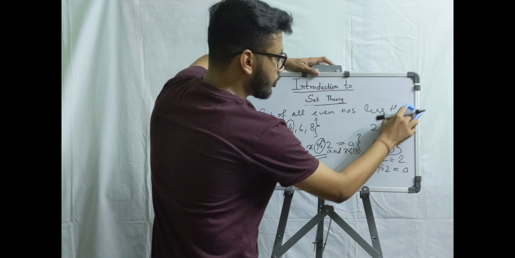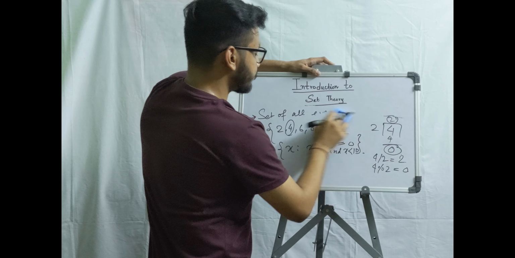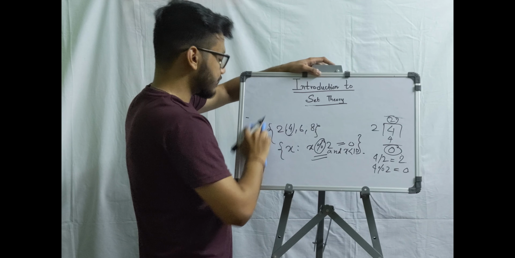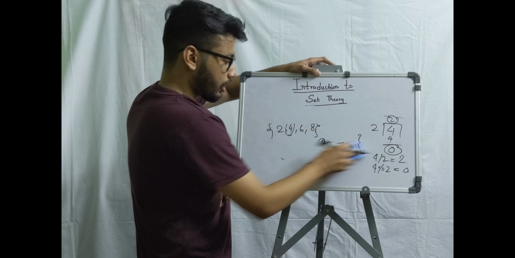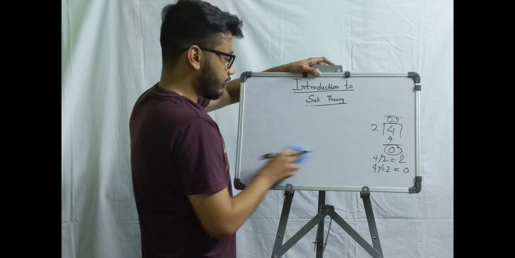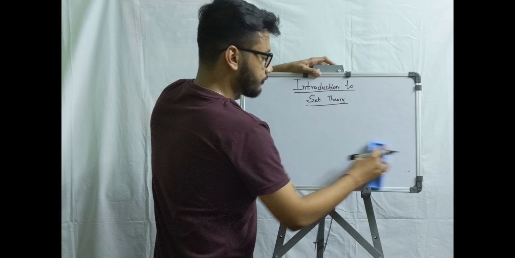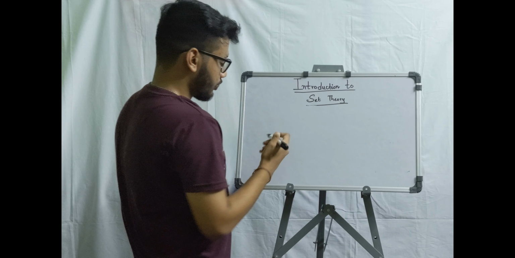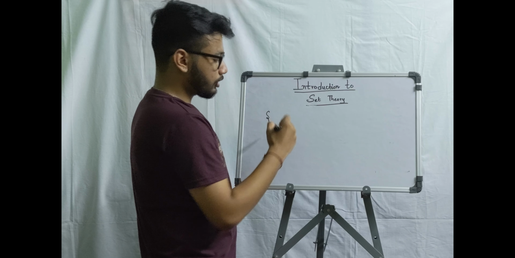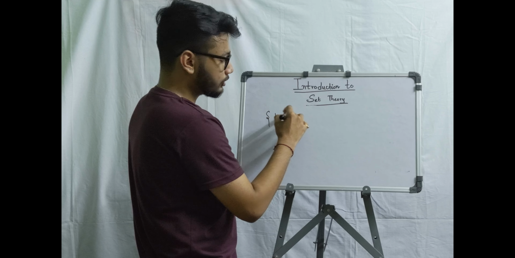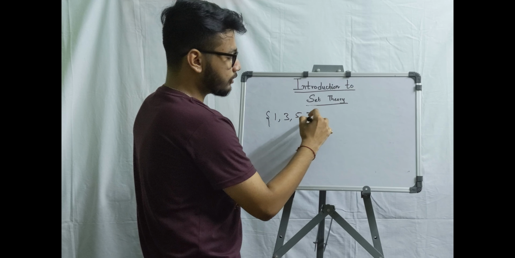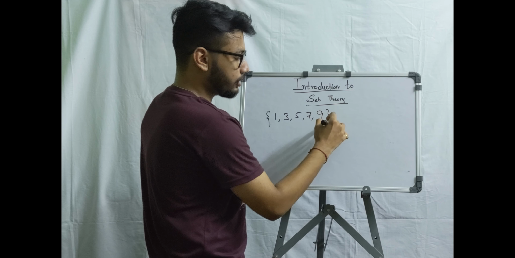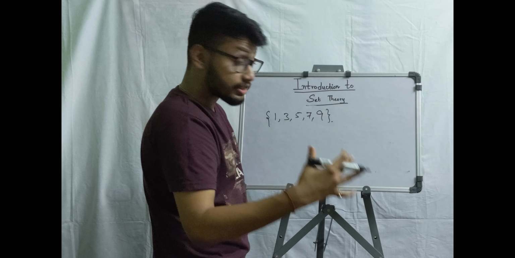Similarly, if I ask you to give the set of all odd numbers which is less than 10, I hope you will be able to give it now. How are you going to do it? Obviously in the roster form, it will be 1, 3, 5, 7 and 9. How are we going to write it in the set builder form?